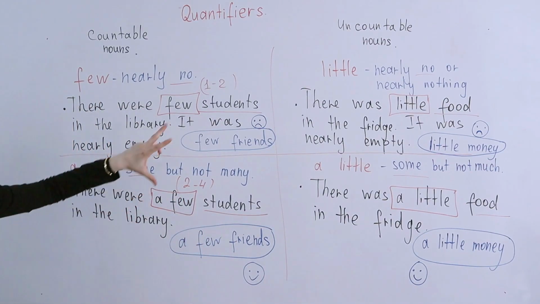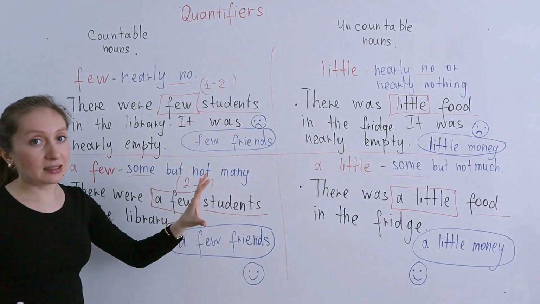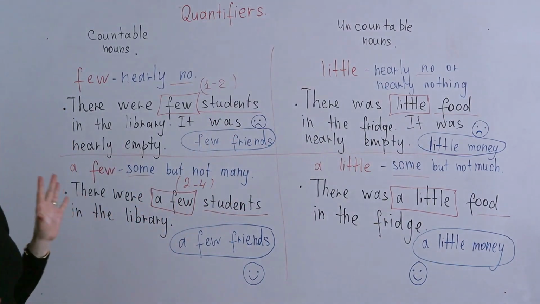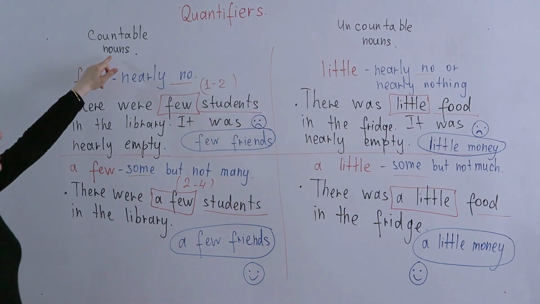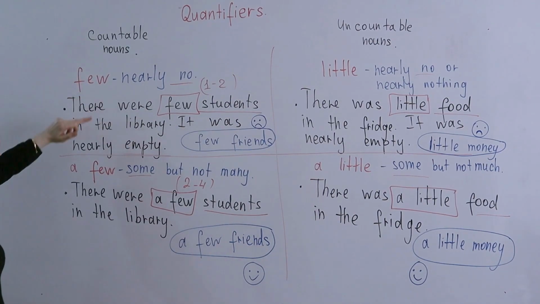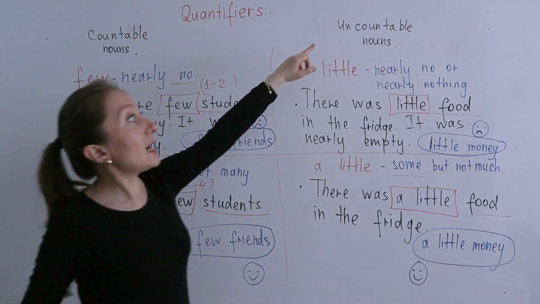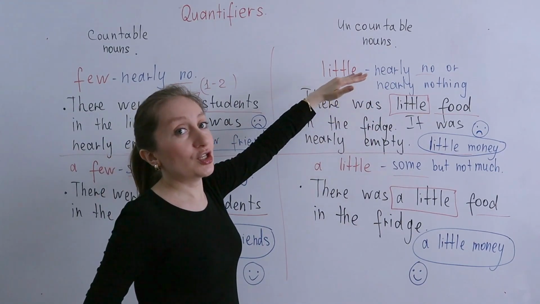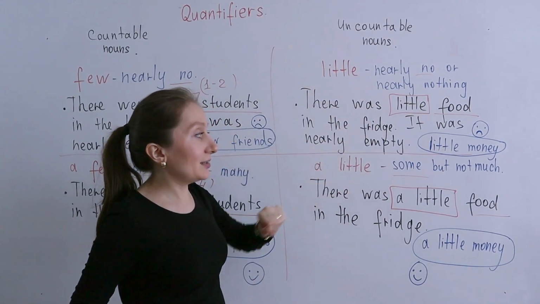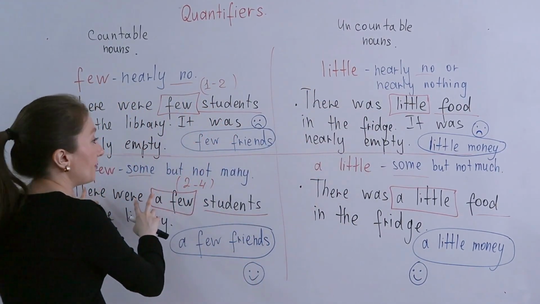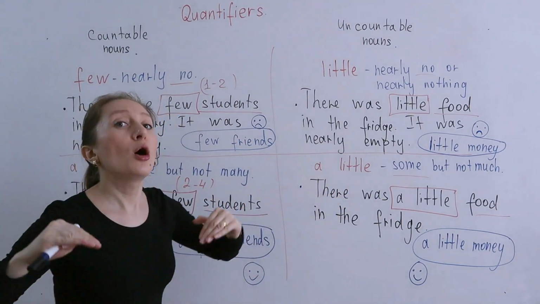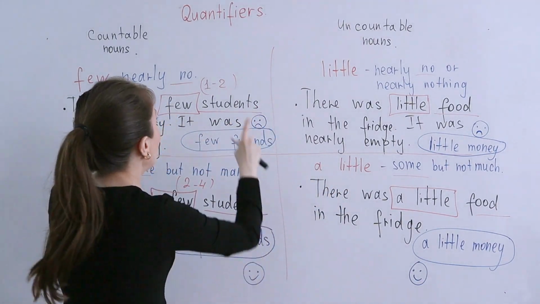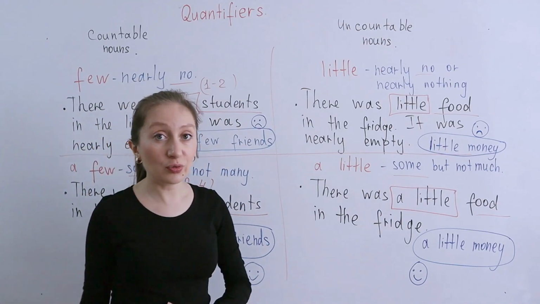So in some sentences, it has different ideas, right? The thing that you have to remember: countable nouns, few, a few. Uncountable nouns, we use little, a little. A few and a little mean more than few and little. All right?